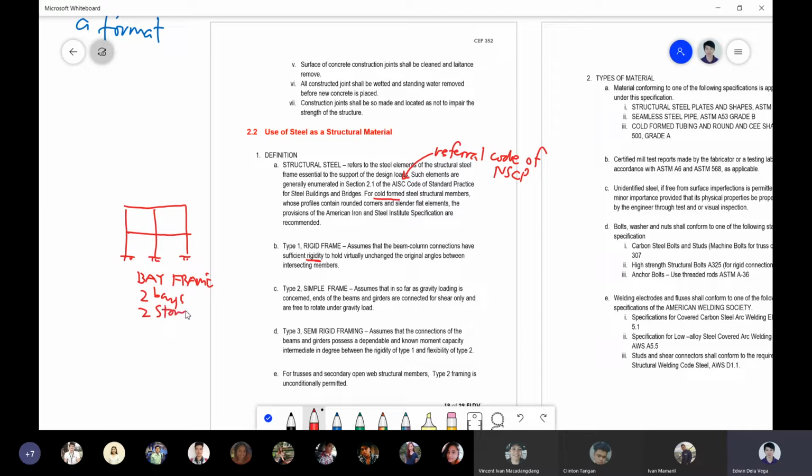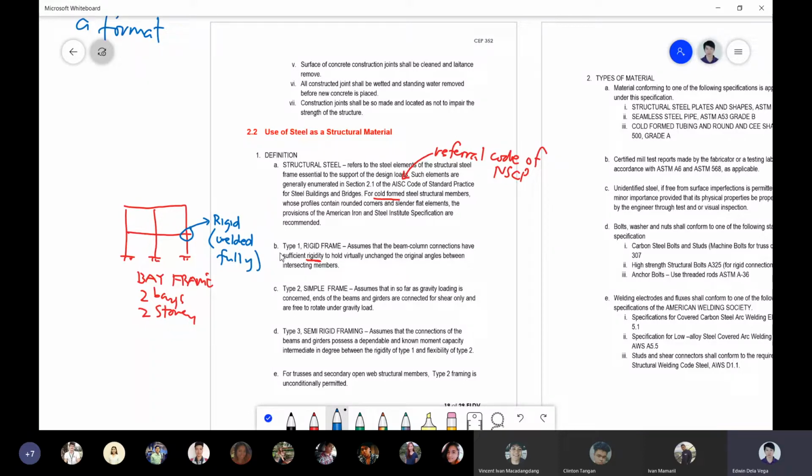So the type of rigidity of the connections will define your structural steel type. So if this is rigid, normally they are those which are welded, fully welded. Then your type will fall on the rigid frame.